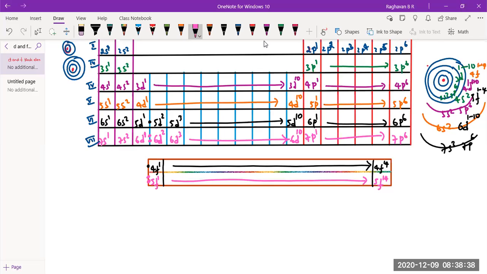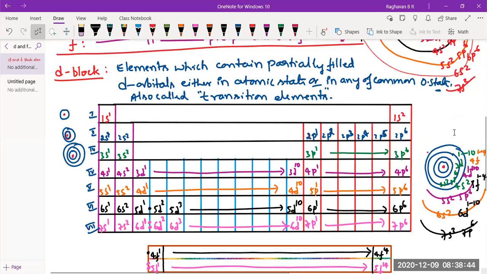This is how D block and F block elements are filled here. So that is the overall picture. Now, D block elements are present from the fourth period onwards. Now we have got the reason why D block elements are present from the fourth period onwards. If a D orbital has to be filled, that atom must have 4 shells.